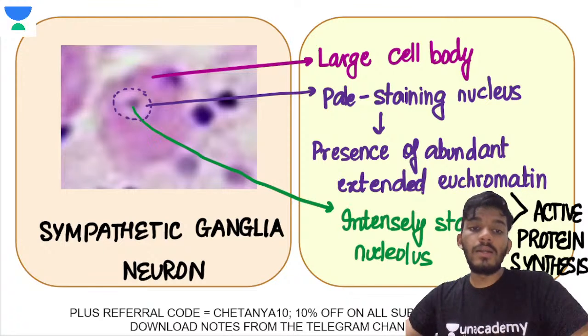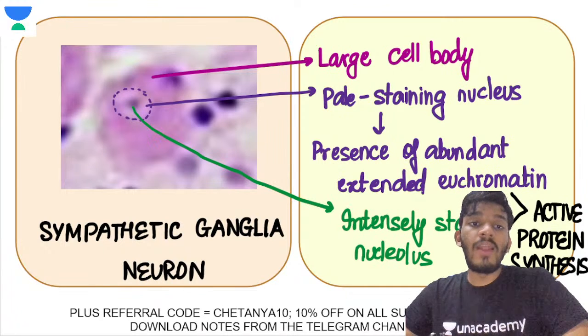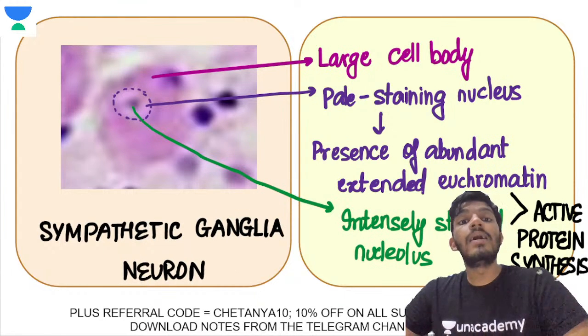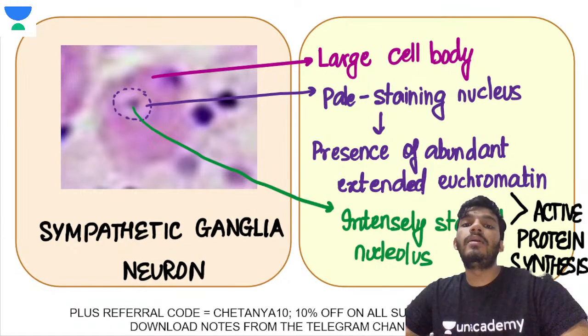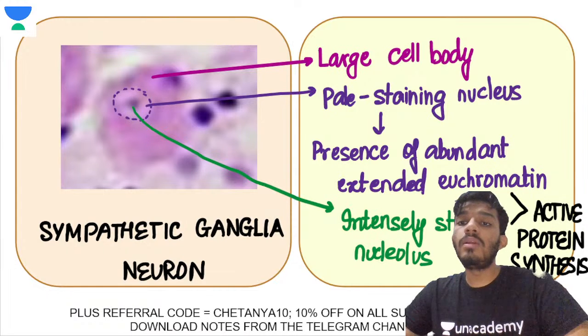So these are two important points. You have large cell bodies with multiple processes indicating they are multipolar neurons, with a pale staining nucleus containing an intensely staining nucleolus, depicting the fact that the cell is carrying out a large amount of protein synthesis.